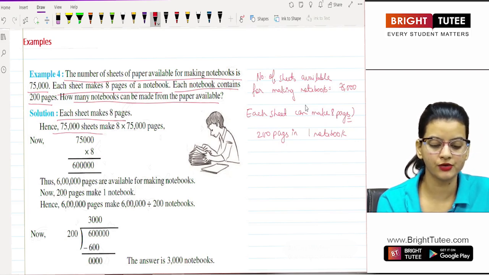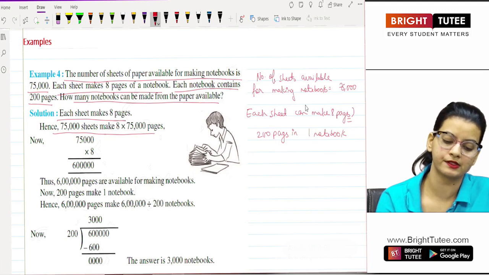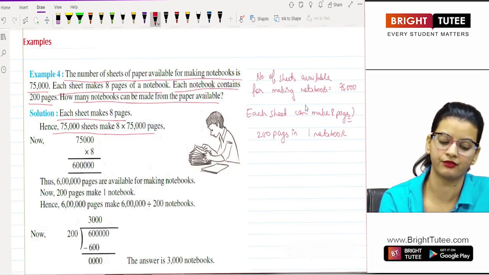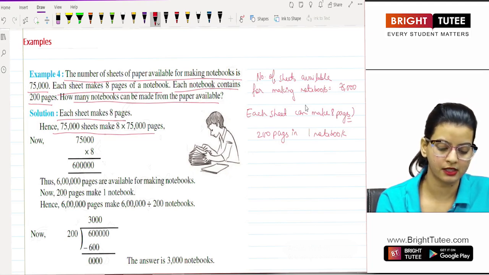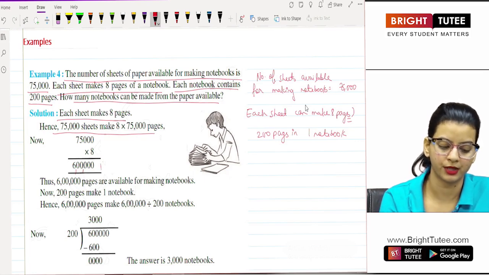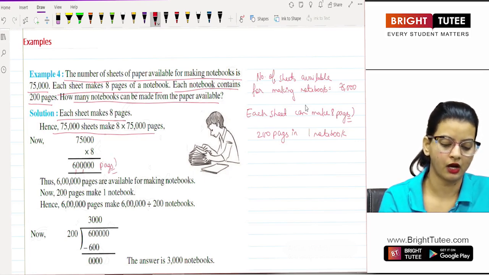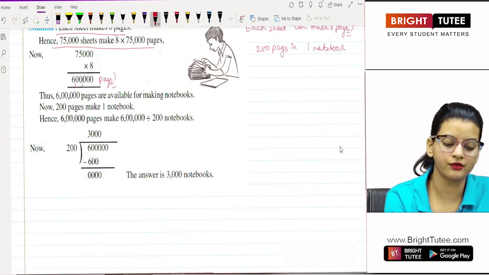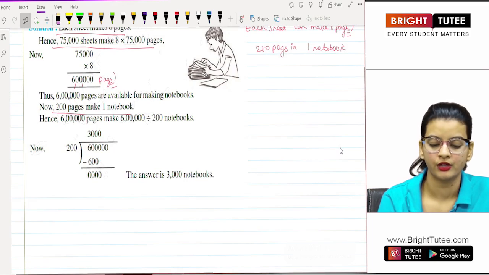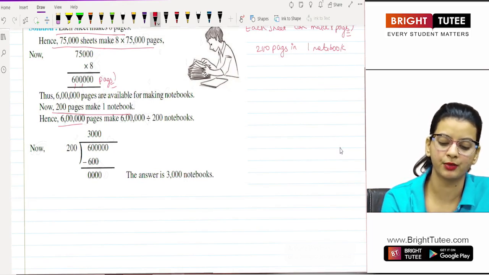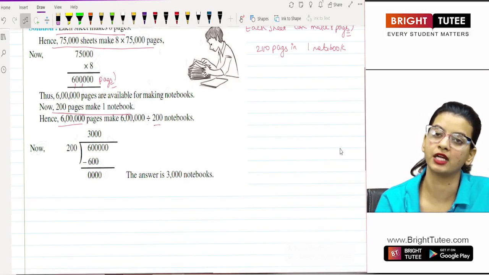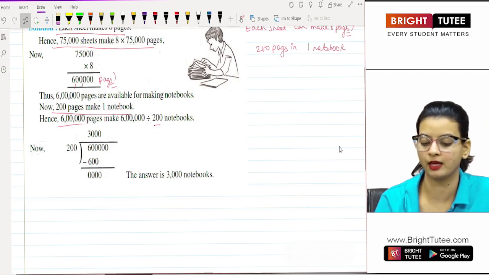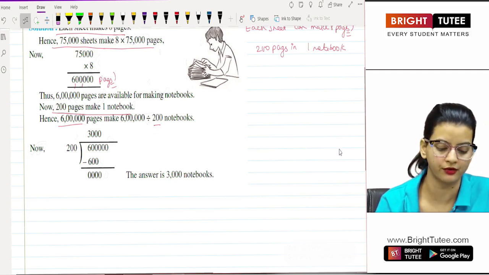Hence, 75,000 sheets can make how many pages? 75,000 sheets can make 75,000 into 8, that is 6 lakh pages. Now, 6 lakh pages are available for making notebooks. Now, 200 pages make one notebook. So, if we divide 6 lakh pages by 200, we are going to get the number of notebooks that can be made, because each notebook has 200 pages.